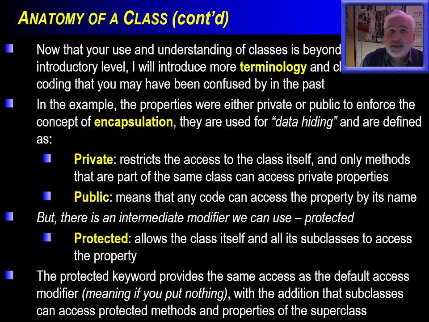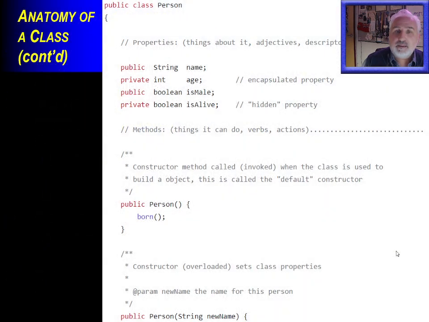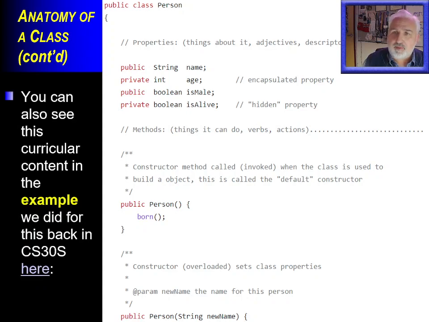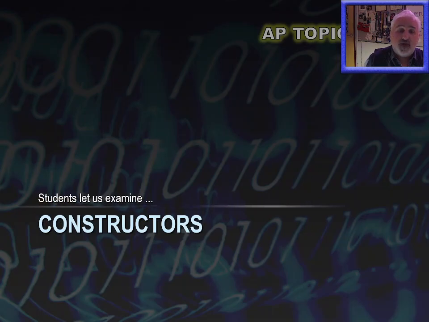In the case of properties, a subclass can access a protected property. In the case of methods, they can call those protected methods as a child of the parent class. That relates, in the example we did in both the 30S and 40S courses, to that concept in the AP curriculum.